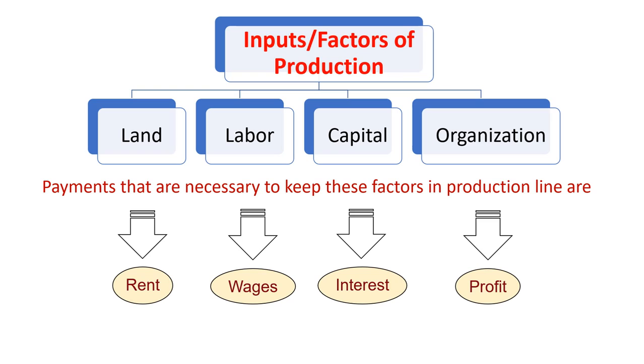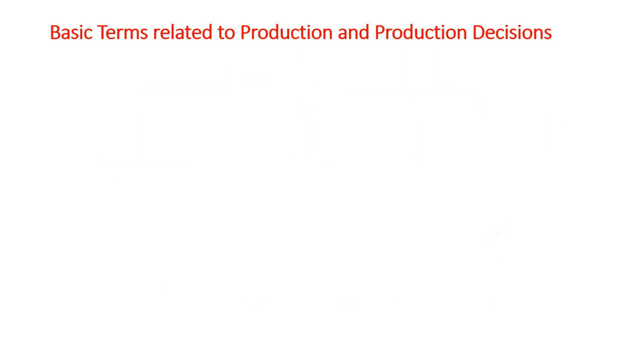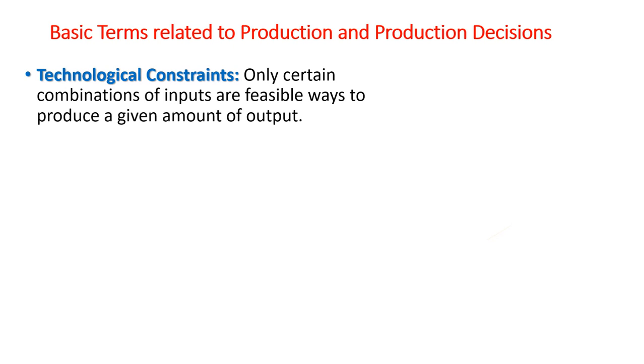Next is the technological constraints on production. We cannot produce anything with our own desired inputs. For example, if you want to produce a car, you hire 10 people, give them hammers and a welding plant, and ask them to produce a car.